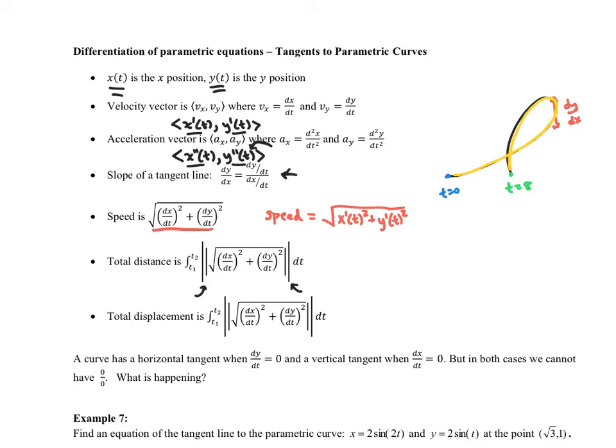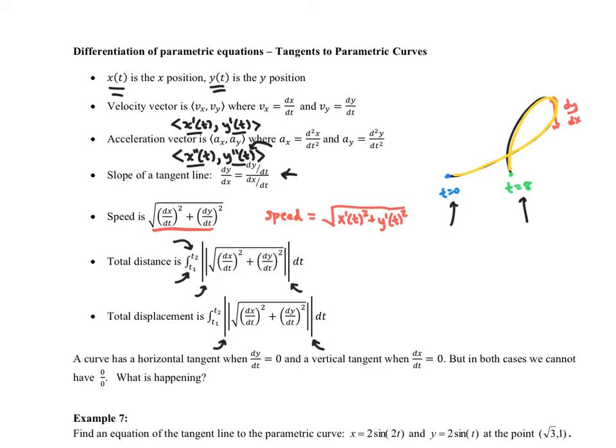There should only be one on both total distance and total displacement. But that's how you would find the total distance: taking the integral from t equals 1 to t equals 2, so in our case from 0 to 8, of the absolute value of the square root of (dx/dt) squared plus (dy/dt) squared, with respect to t.